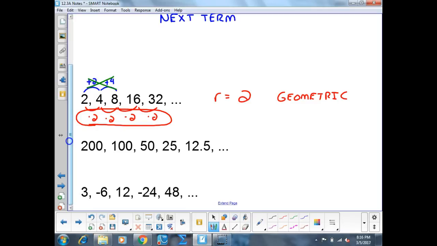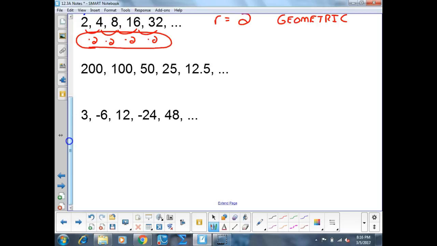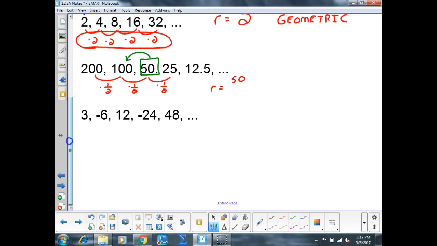Next one here is an example of one that's getting smaller. I'm multiplying by 1/2, multiplying by 1/2, multiplying by 1/2. If I don't see that I'm multiplying by 1/2, I can take any term in that sequence, for instance 50. If I lock it in at 50, then I would divide 50 by the term right before it, so I would divide 50 by 100.